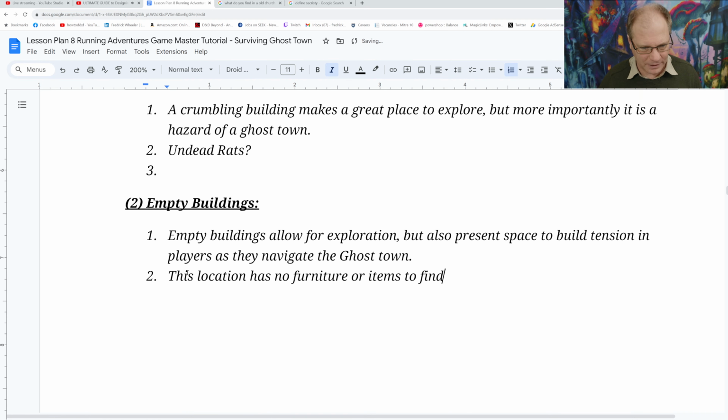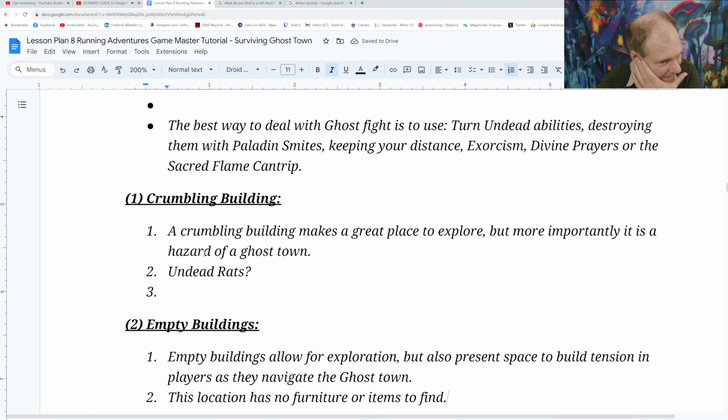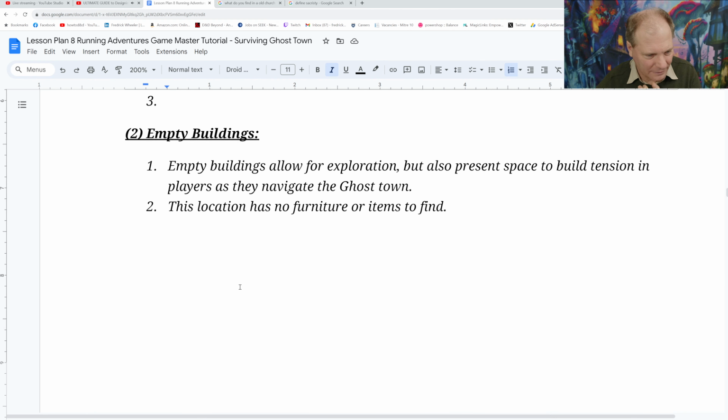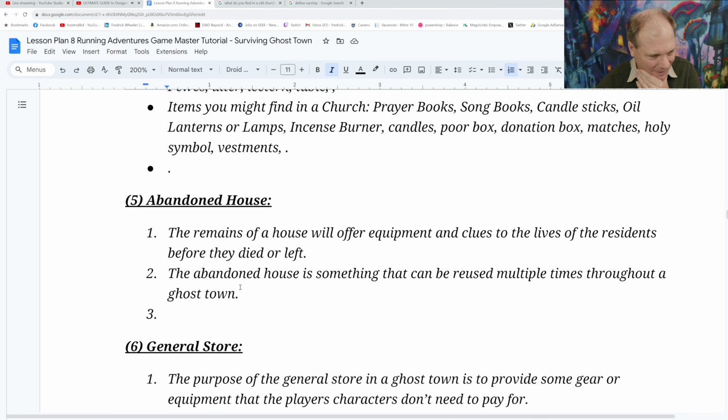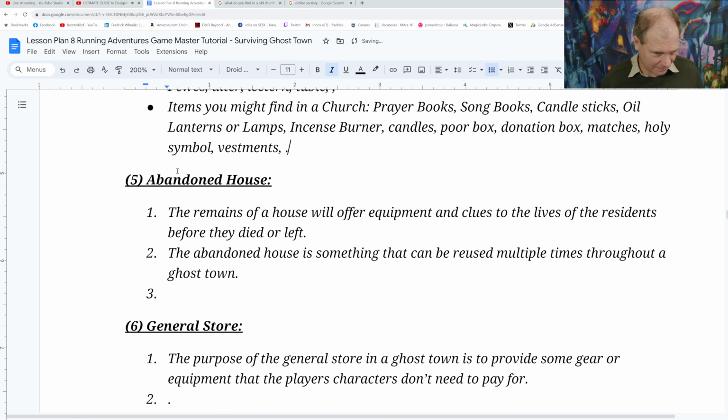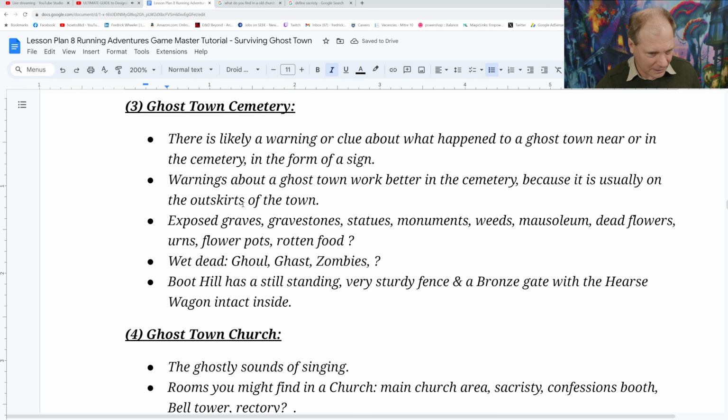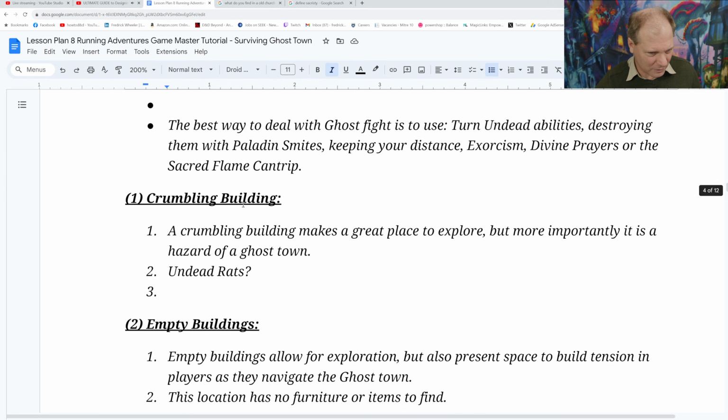It is an empty building, but we will still have them. Okay, crumbling building, don't worry about that. Okay, next, an abandoned house, an old house. There's a lot of things that you'll find in an old house. If we try to cover that, it's going to take us forever. I'm not saying that we don't do it, but I'm inclined to think it's one of those things we come back to a little bit later.